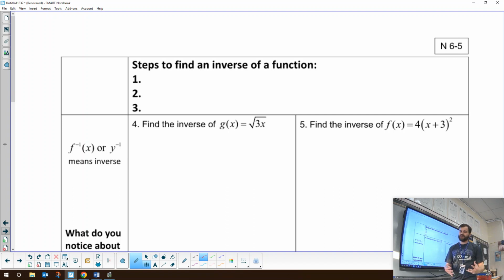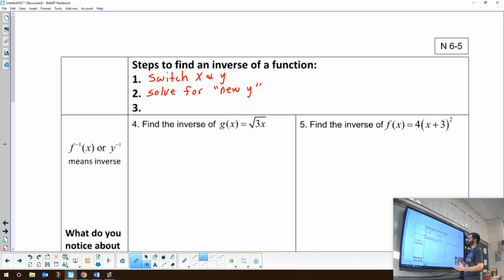Well, our first step to find the inverse is the same as it was on the first page. All we have to do is switch x and y. That's it. So we switch x and y, and then we're going to have to solve for our quote-unquote new y.